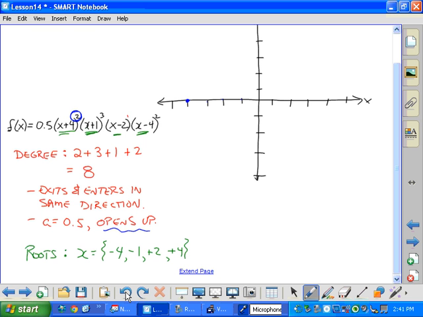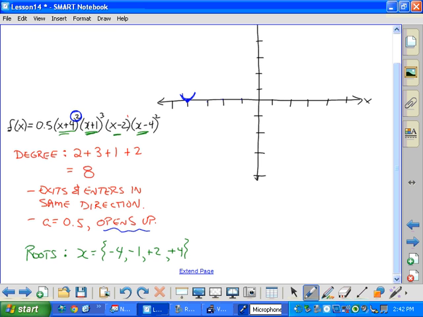I have two options. It's going to either look like this, or it's going to look like this. I already said it's coming from up here somewhere, so it has to be the top option. I'll get rid of that for a sec. So I know that it's going to be like this, and I'll put a little shape in there.